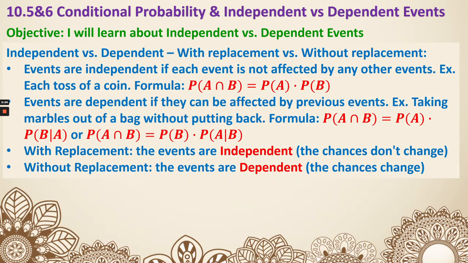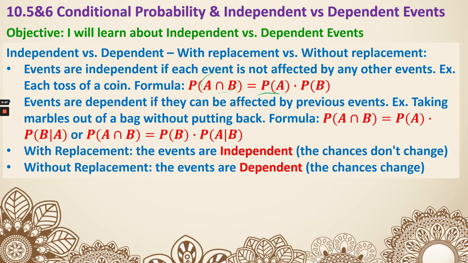Next, we have a bit more definition about independent and dependent events, which we can also refer to as with replacement or without replacement. So now let's have a look. Events are independent if each event is not affected by any other events. Independent, we have learned this already. The probability of A and B together, if they're independent, is the same as probability A times the probability of B. They're dependent if they actually affect each other or are affected by the previous events.